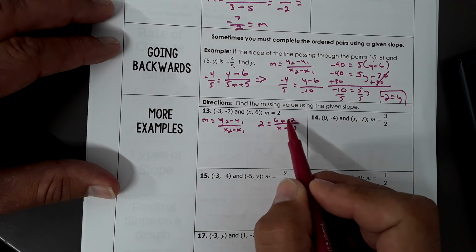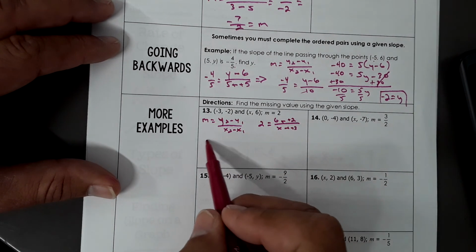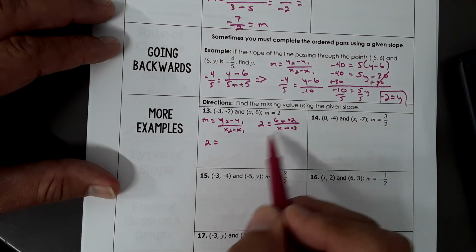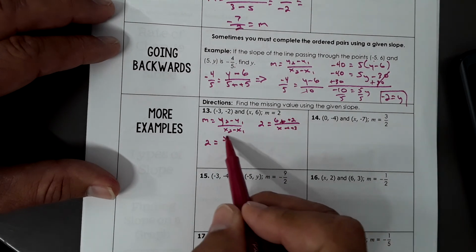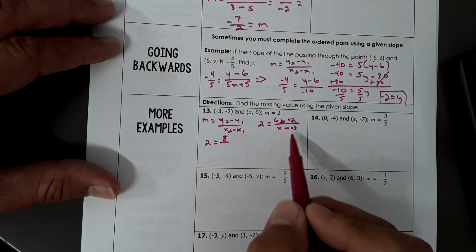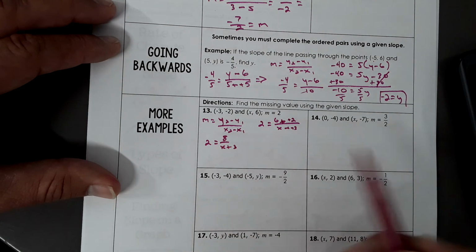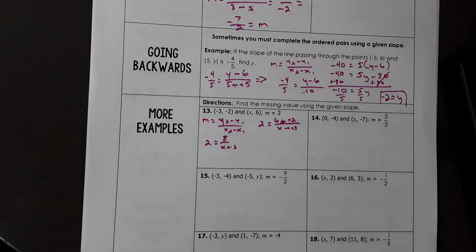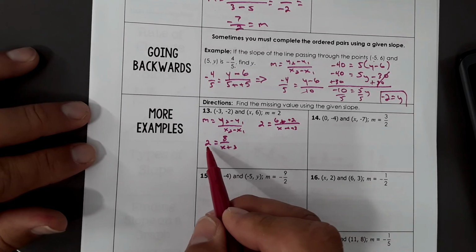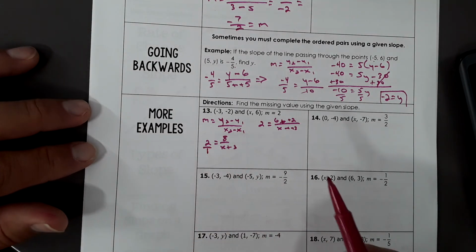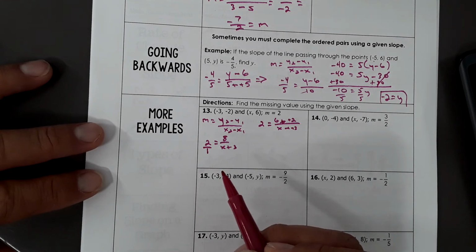So we got to clean these up. You have 2 equals 6 plus 2 would be 8, over x plus 3. A couple different ways you could solve it from here. You could call it a proportion by putting that over 1 and then doing the butterfly. I'm going to do that.